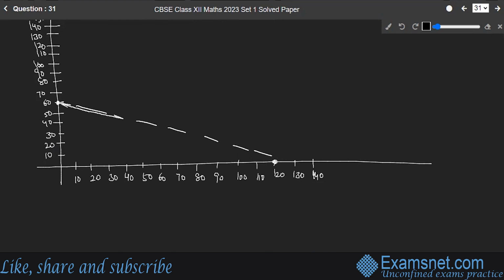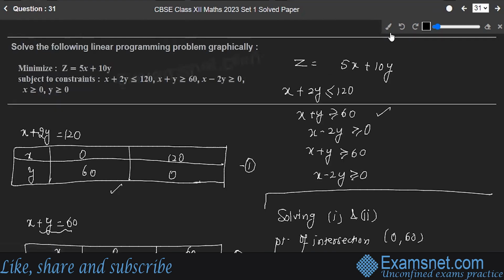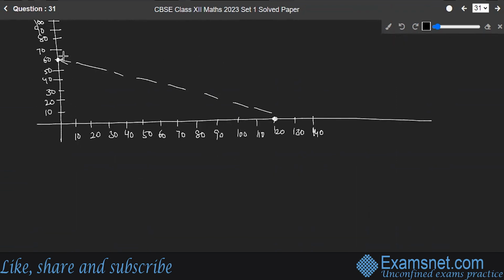So this is the line. Give me a minute. Let's join these points. You have this line. This line is x plus 2y is equal to 120.